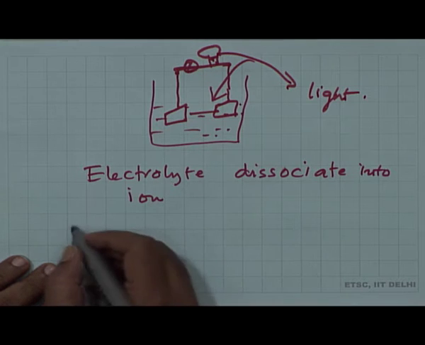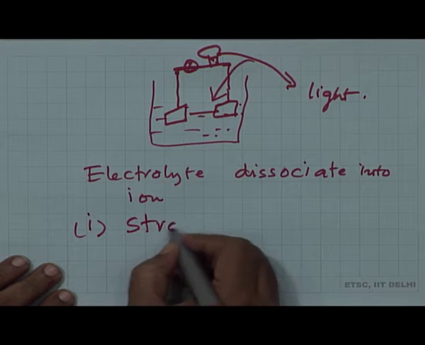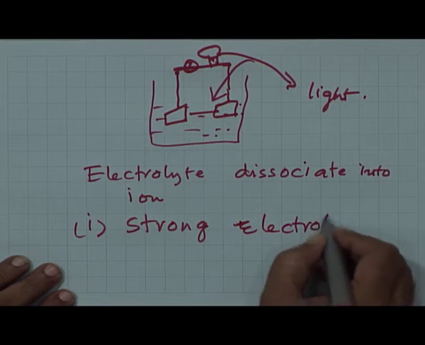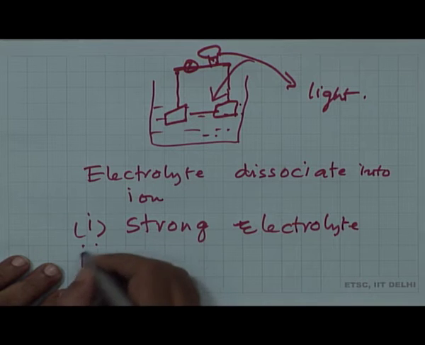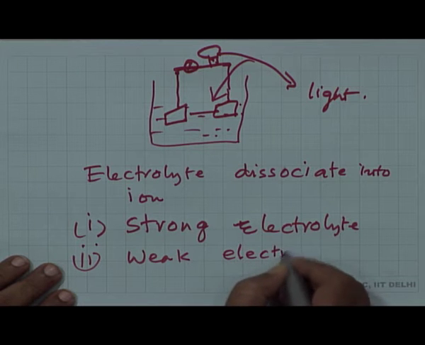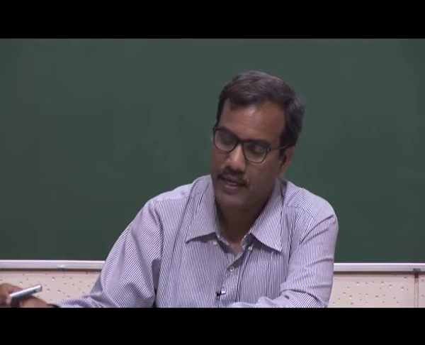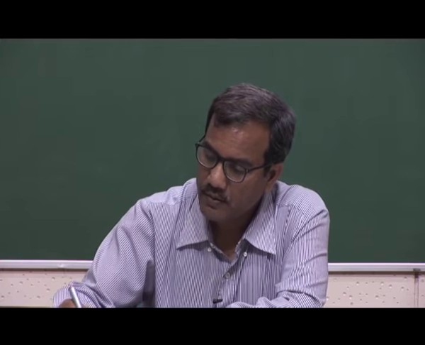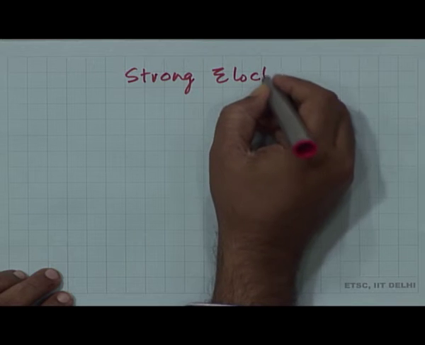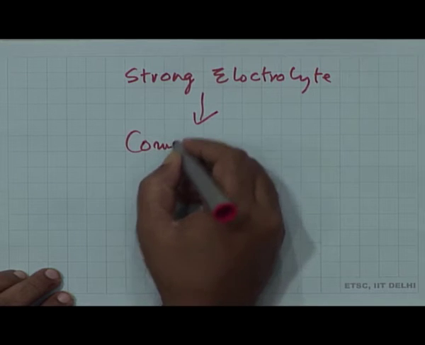There are two types of electrolyte: one is the strong electrolyte, and the second is the weak electrolyte. Let us discuss what we mean by each. A strong electrolyte is an electrolyte which completely dissociates in water, almost completely.